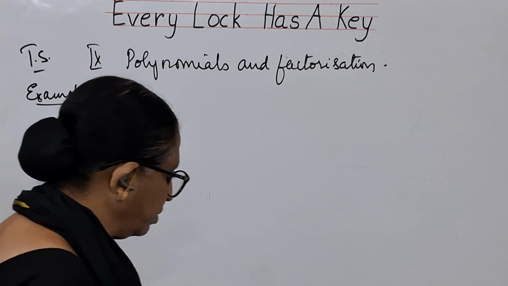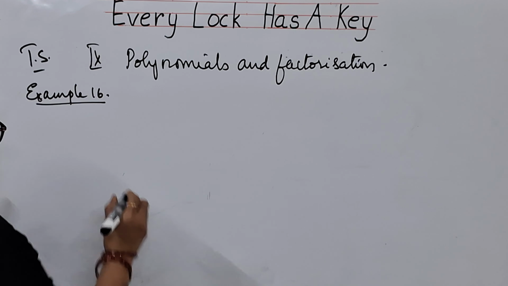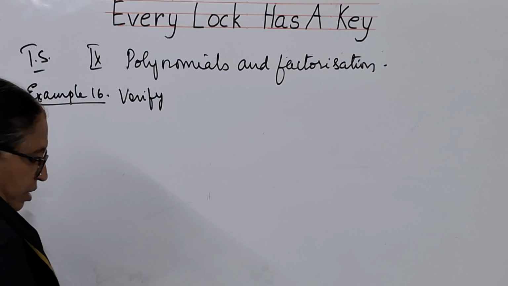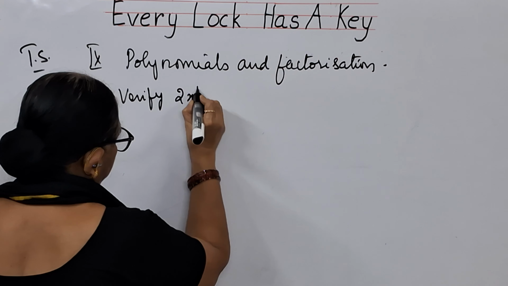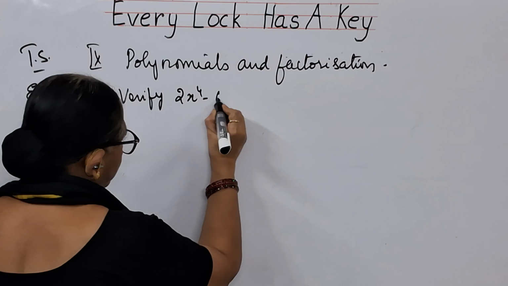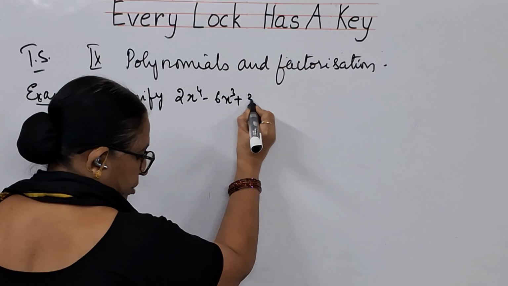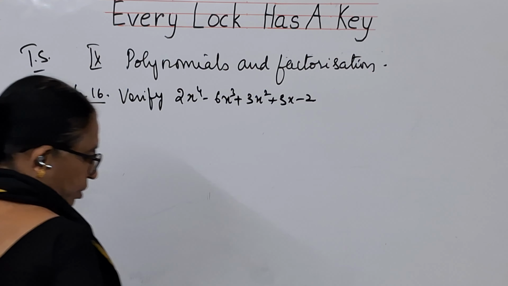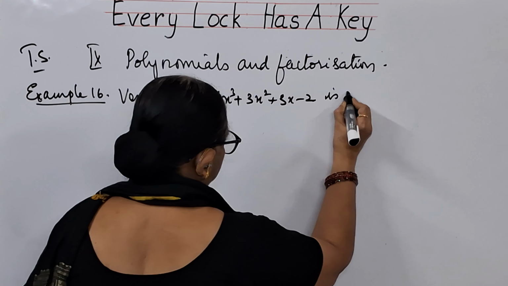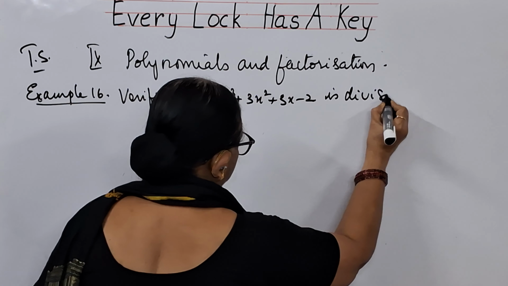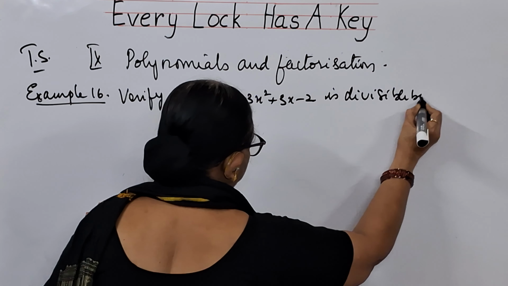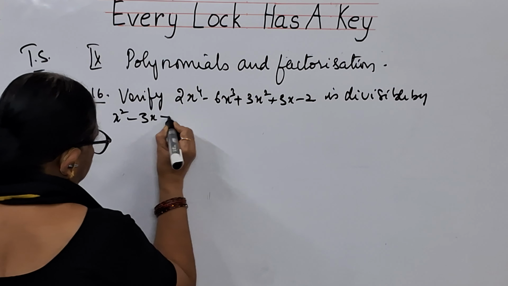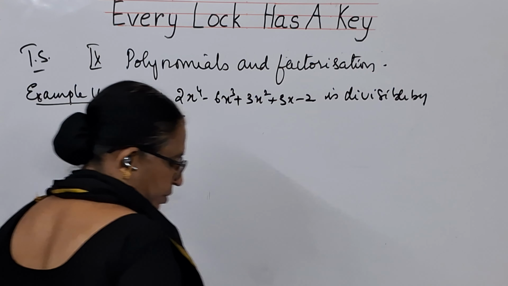Let us come back to our studies. This is the 16th one. Verify that 2x to the power of 4 minus 6x cube plus 3x square plus 3x minus 2 is divisible by x square minus 3x plus 2.